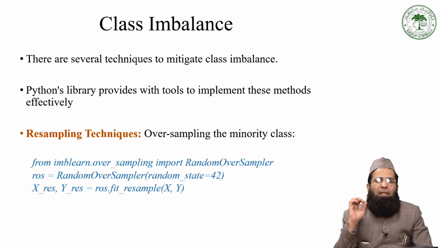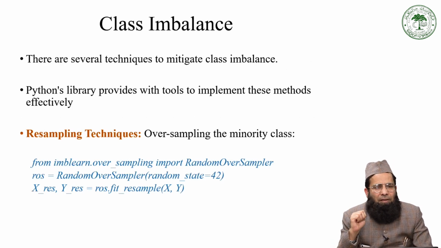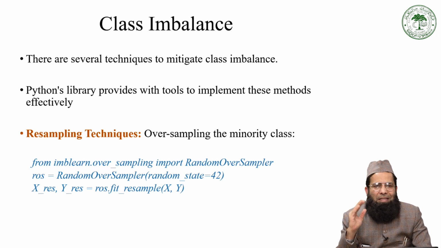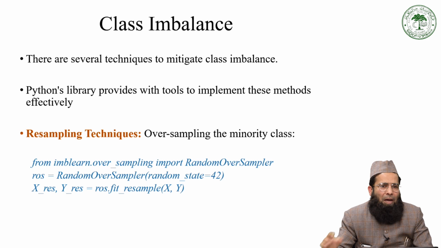There are several techniques to mitigate the class imbalance problem, and the Python library provides several modules to implement these methods. The very first one is resampling techniques, which oversample the minority class. It means, let's say the zero class is having very few records, so it would oversample the minority class.